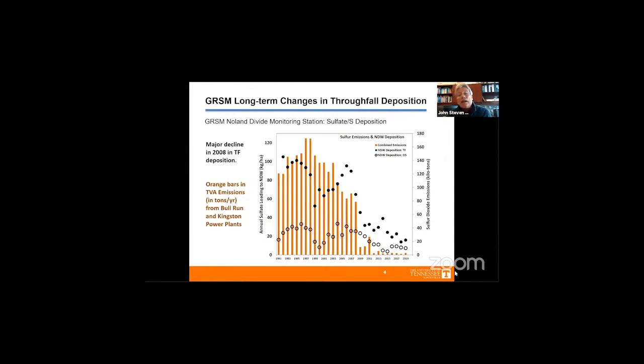Now, that doesn't say that that's the cause in the park. I think there are multiple reasons, but it was an interesting correlation.